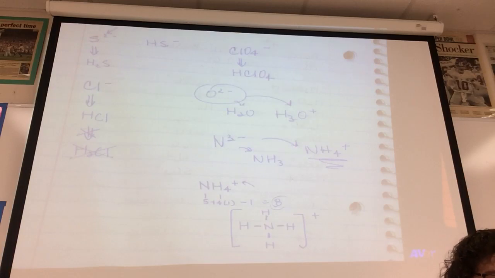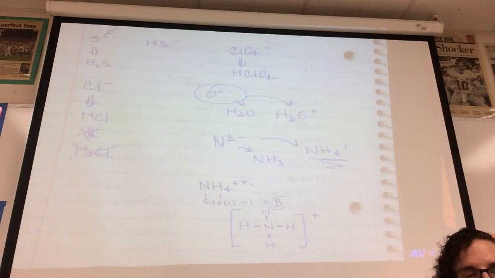Anyway, you react Bronsted-Lowry acids with Bronsted-Lowry bases and generate conjugates. You know how when you react a strong acid with a strong base, you get salt and water? The same thing occurs.